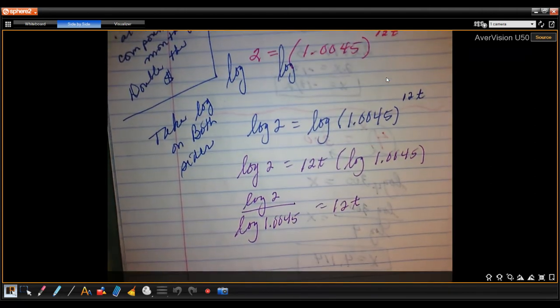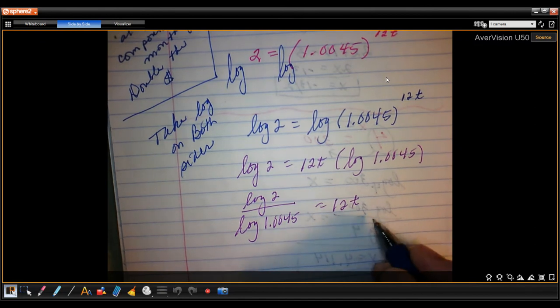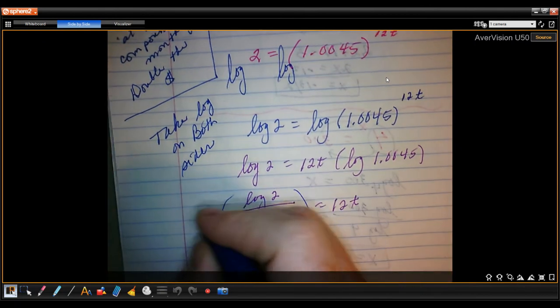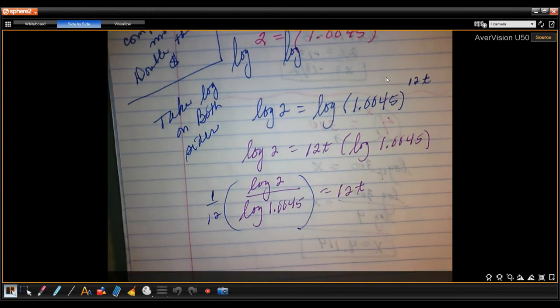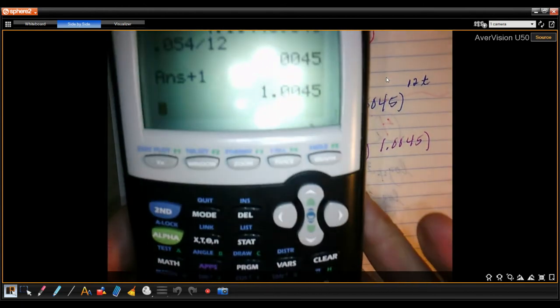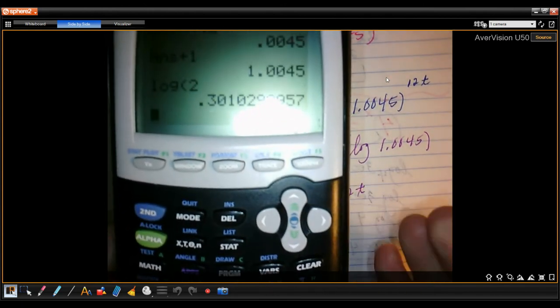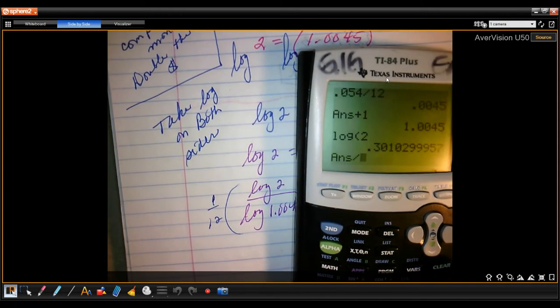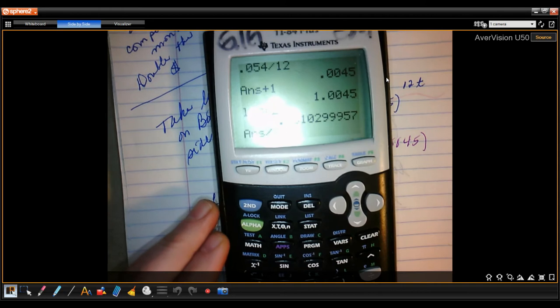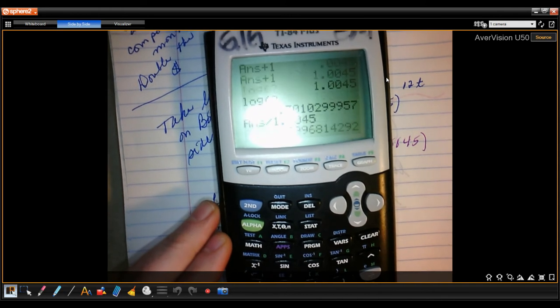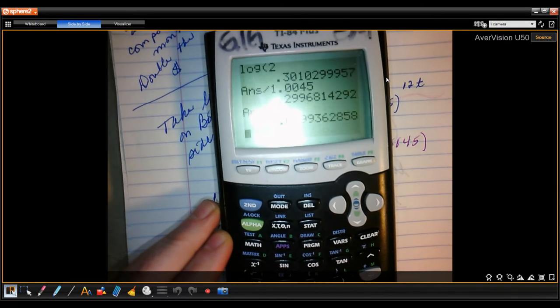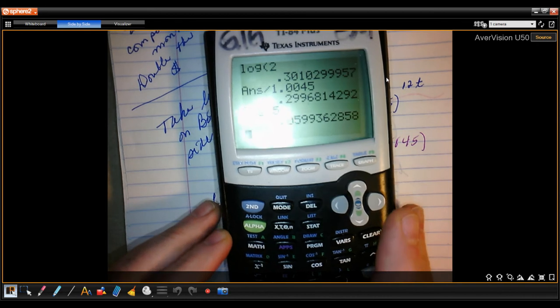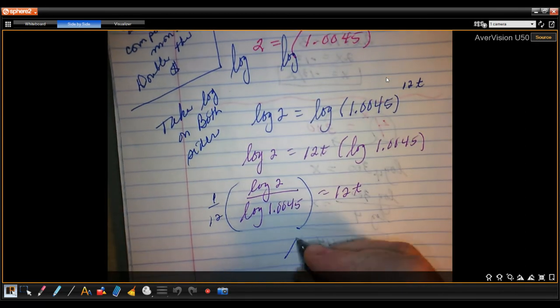So before I pick up the calculator, the last step will be divide by 12. So to type that in the calculator, it'd be log of 2, enter, divided by log of 1.0045, and then divided by 12. So 0.059, 0.06.